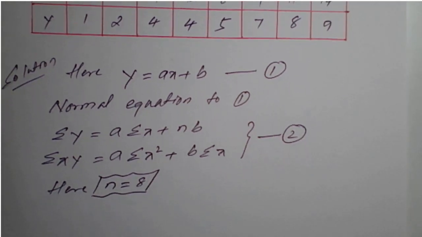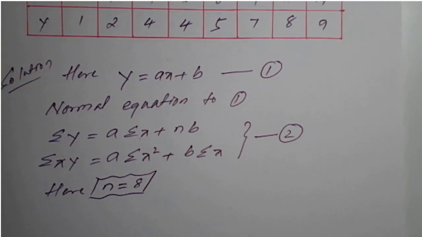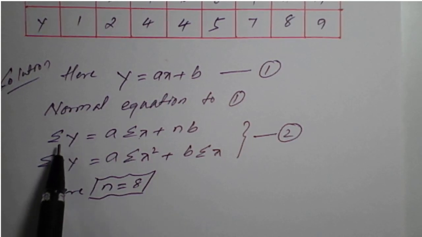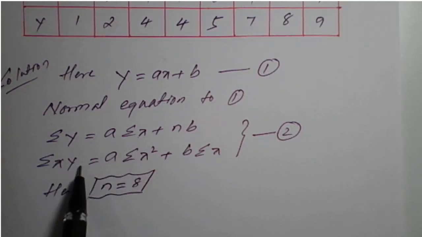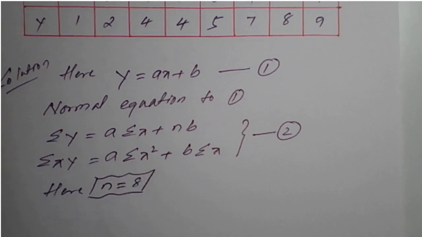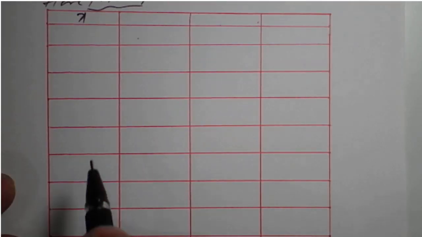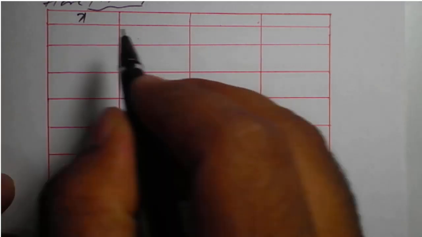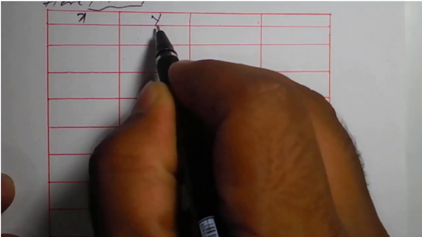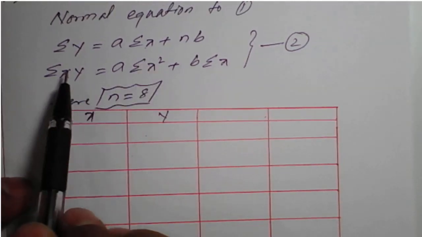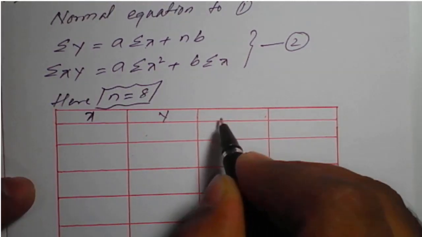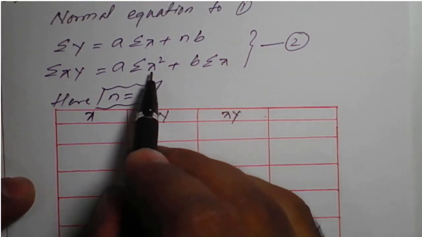Fine. Once we get this, we have to prepare a table for summation y, summation x, summation xy and summation x square. In this table we have the x value, y value, then xy, then x square.